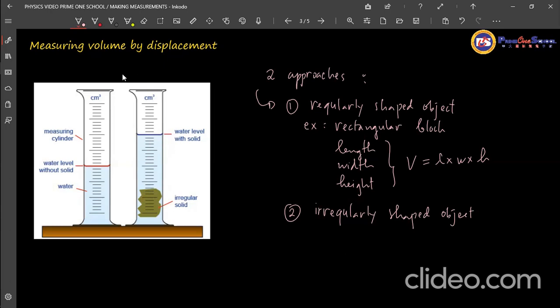So measuring volume by displacement means that the final volume minus the initial volume equals the volume of the object. For example, I'll give the numbers. This one is 40 on the scale, and this one is 60.